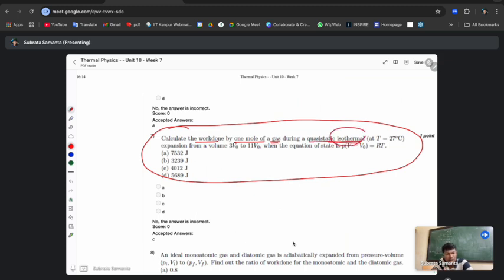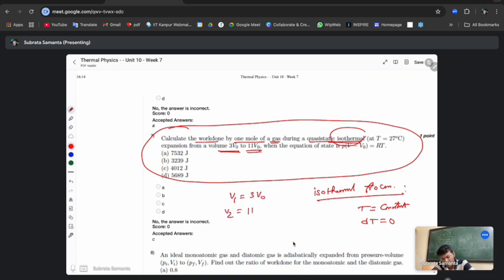You know isothermal process means the temperature T is constant, and dT is 0, the change in temperature is 0. The volume expands from 3V naught to 11V naught, so here V1 is 3V naught and V2 is 11V naught.